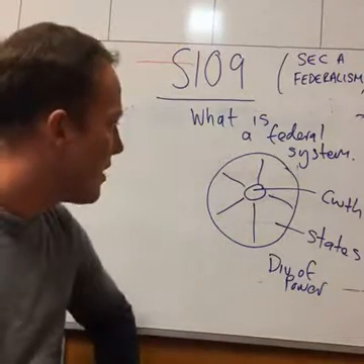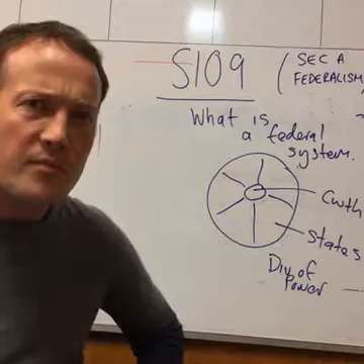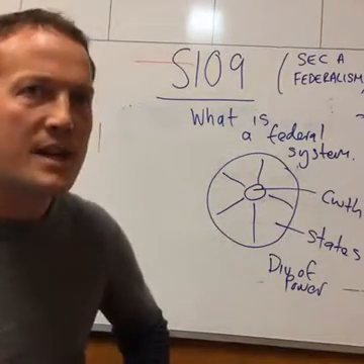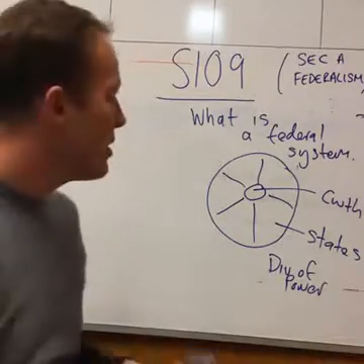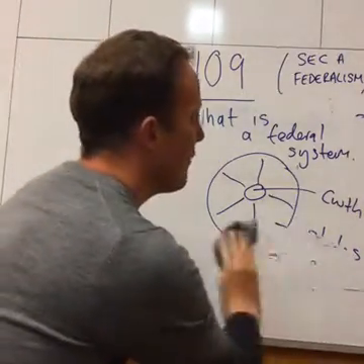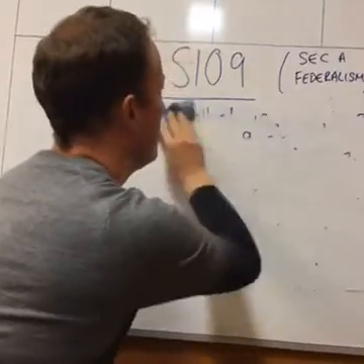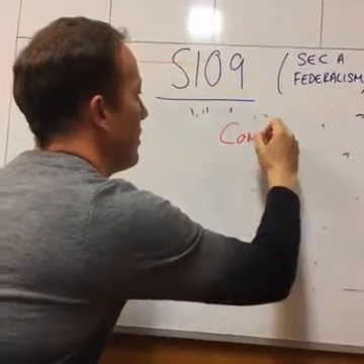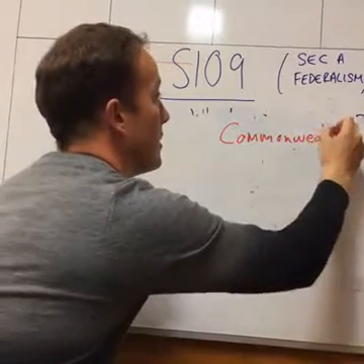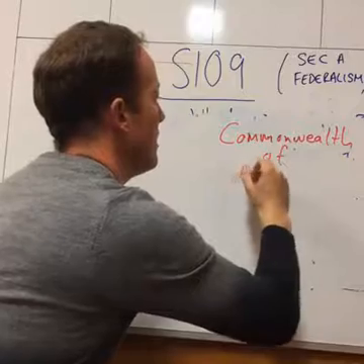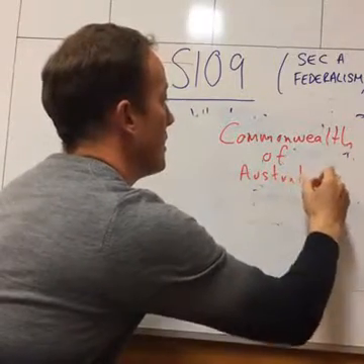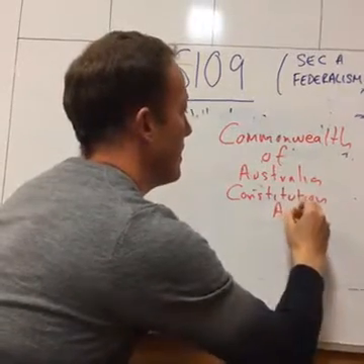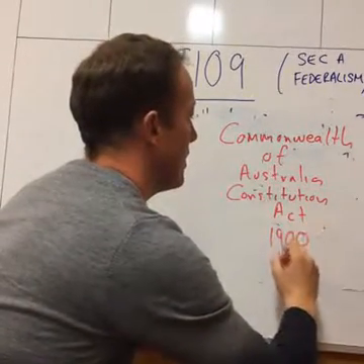The way that power is divided is basically determined by the Commonwealth of Australia Constitution Act. Now, the first time that you write that, you should write it out in full. So that's Commonwealth of Australia Constitution Act 1900 UK.